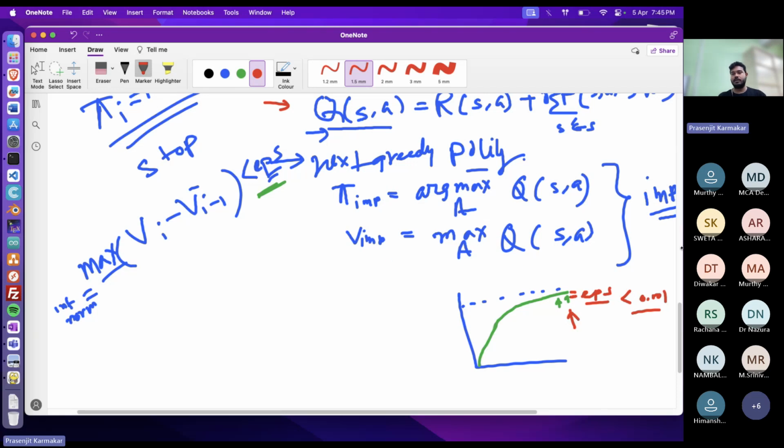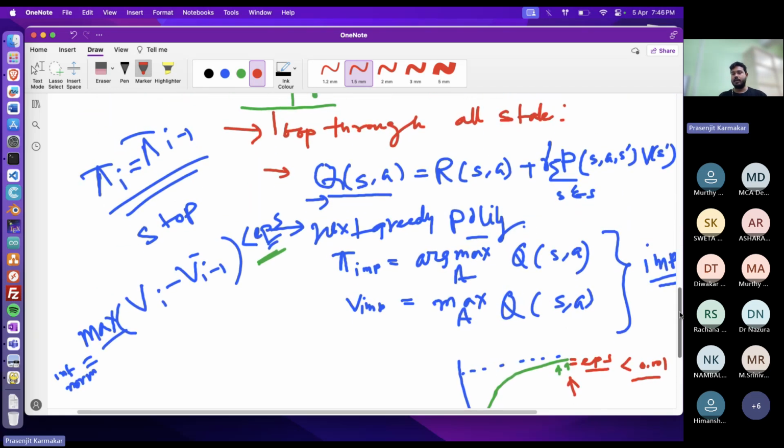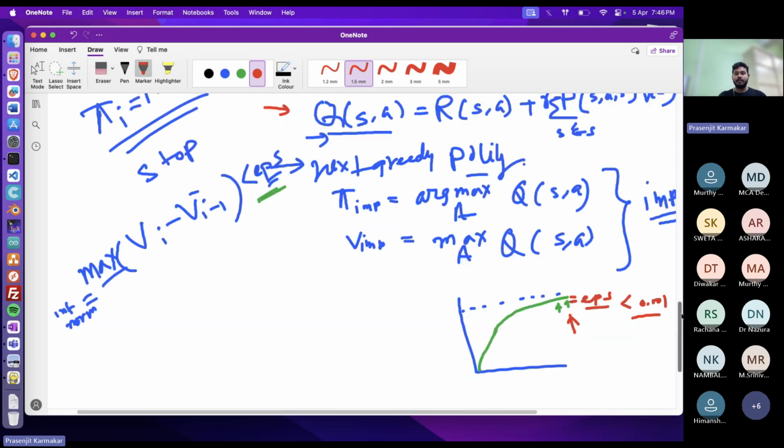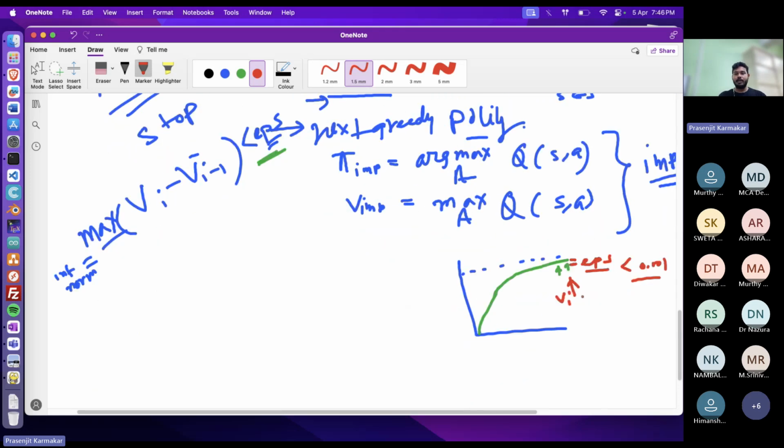Or you can just check whether the policy has not improved. But sometimes the same policies can have an improved value function. Even if you check vi and vi minus 1 and there is a change, pi i minus 1 and pi i can be the same in some cases.